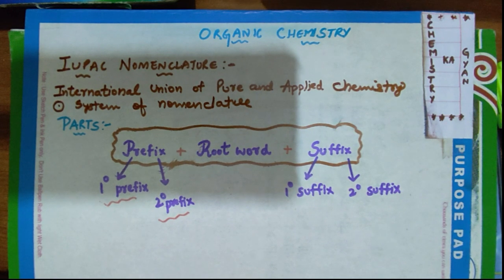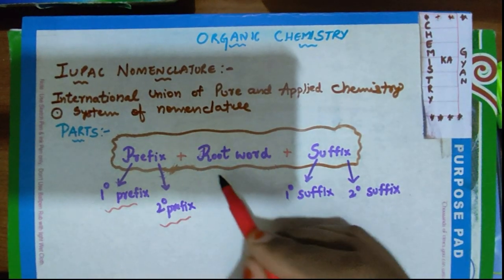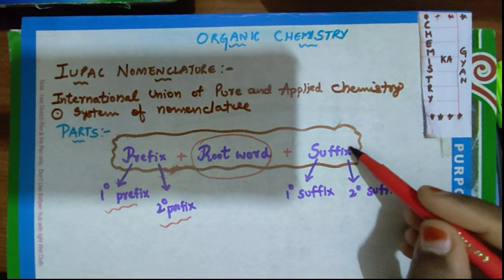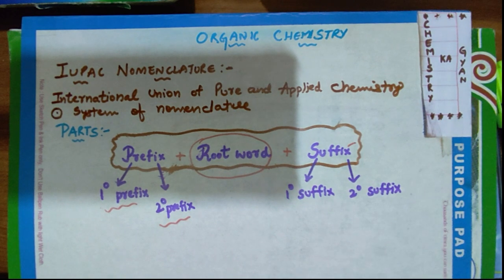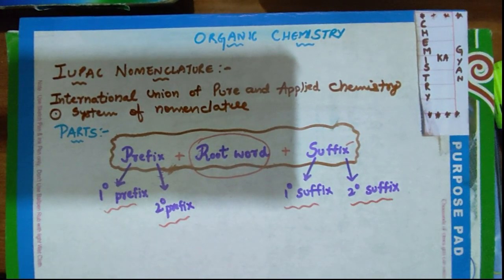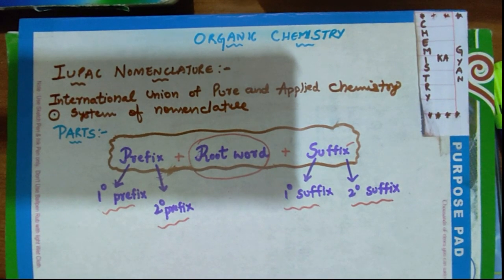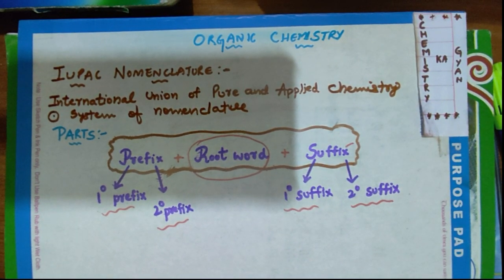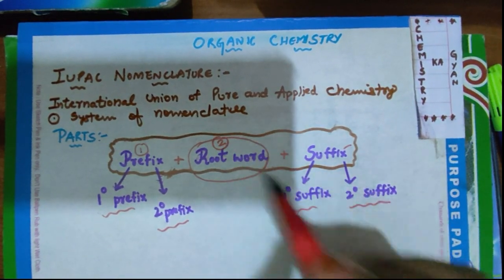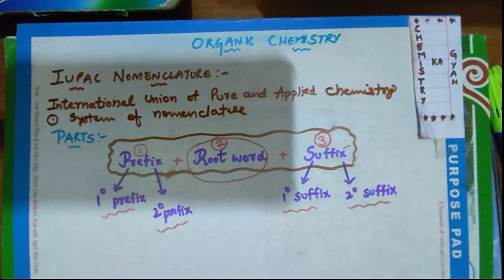We will learn what primary and secondary prefix are in the next part. Then next comes the root word. Then next is the suffix. Again, suffix is also of two kinds, the primary suffix and the secondary suffix. So the parts of IUPAC nomenclature include first prefix, then root word, then suffix.